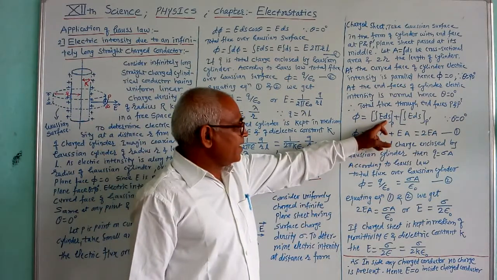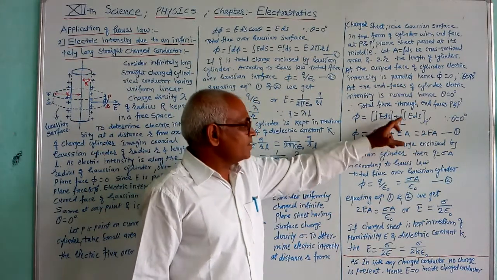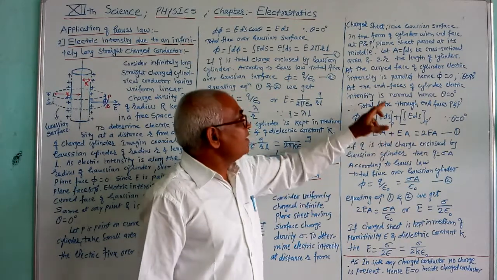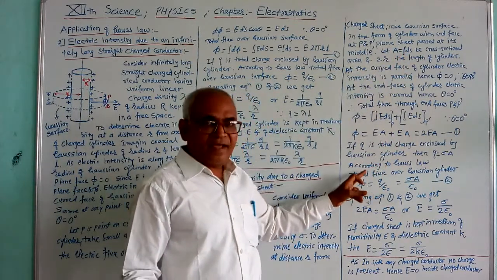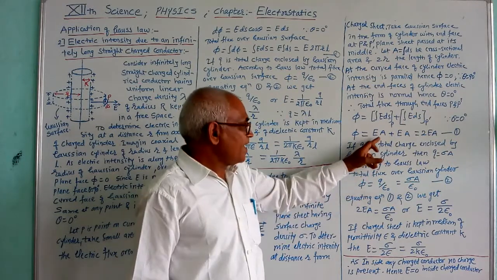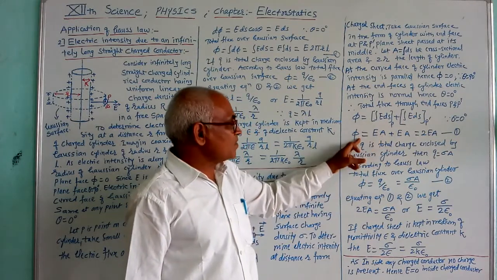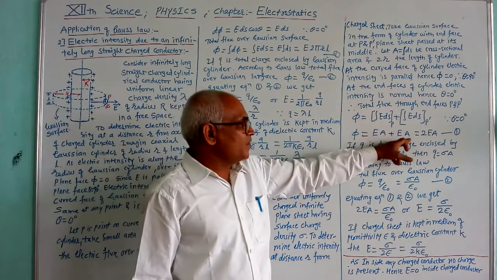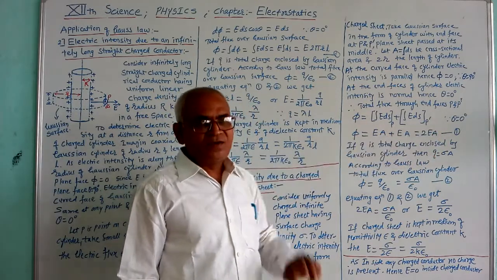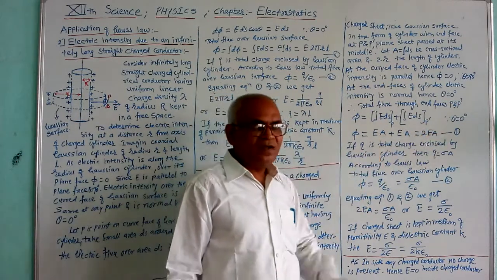Now integration ds, E is a constant. Hence integration ds is equal to the cross-section area of the end face, that is A. Hence we write total flux phi is equal to E into A plus E into A, that is equal to twice E into A. Let us call this equation number 1.